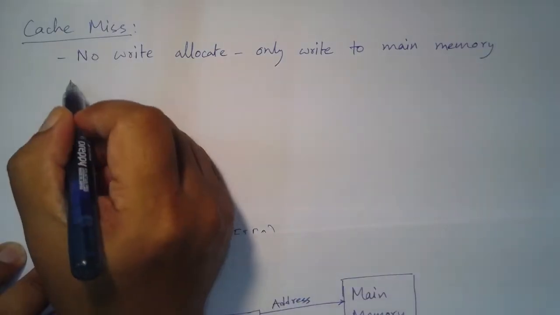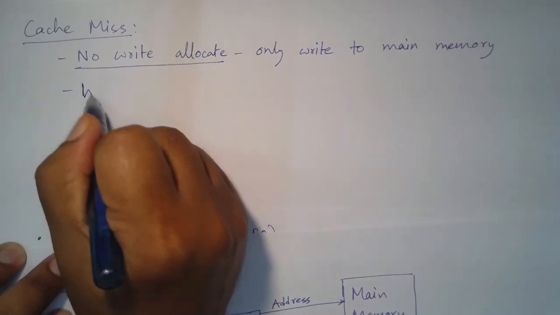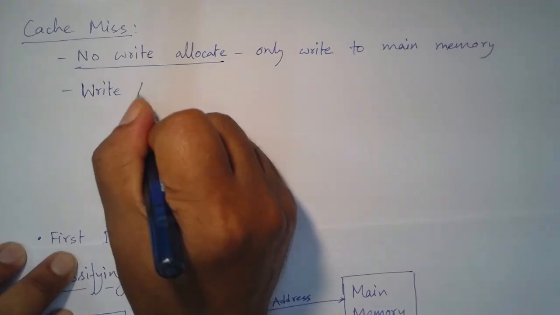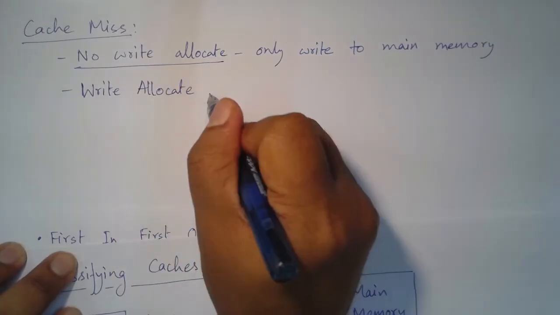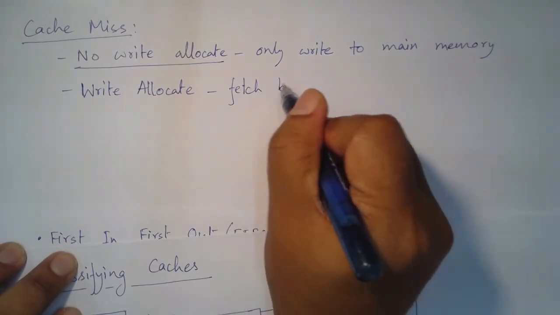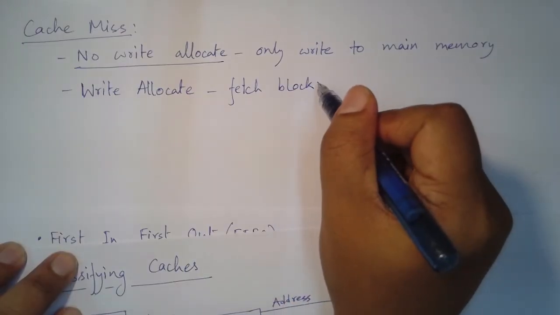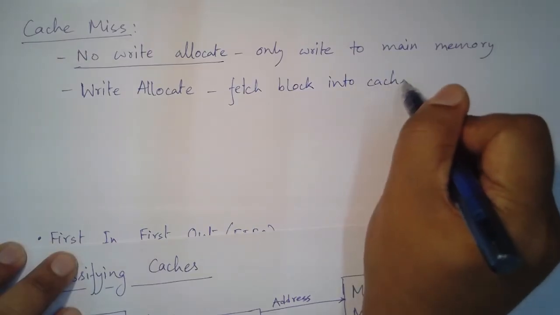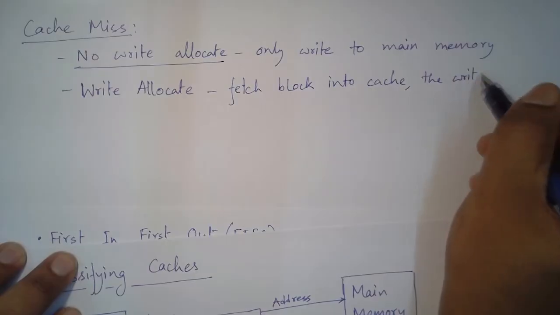And in case of write allocate, you bring in that block, so basically fetch the block into cache and then write, okay.